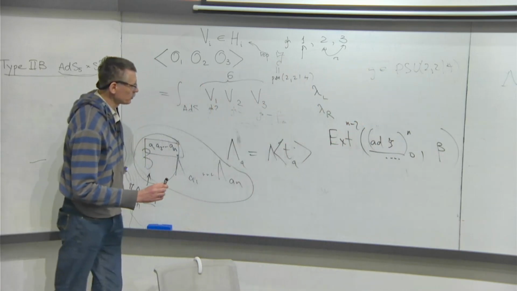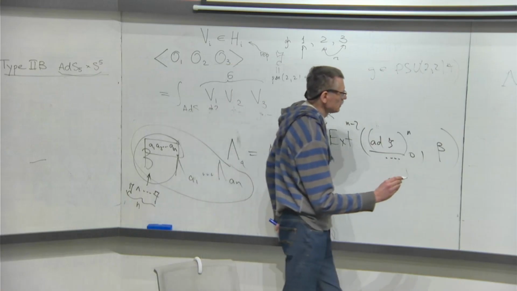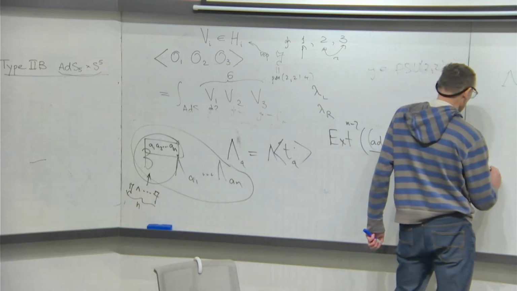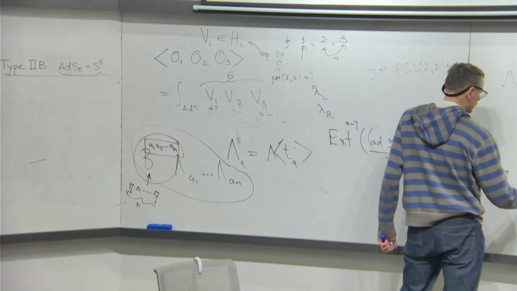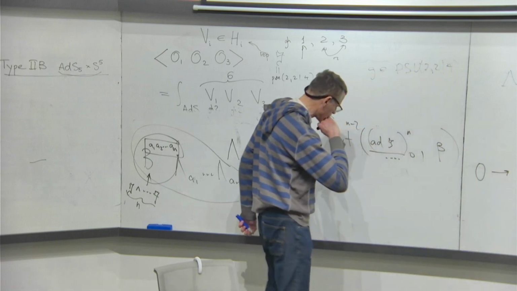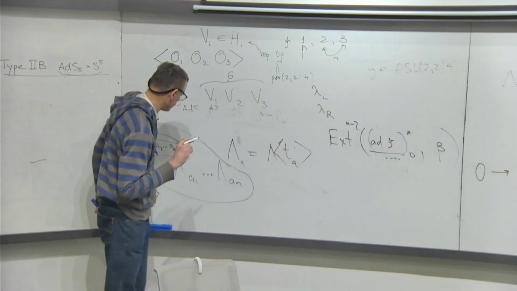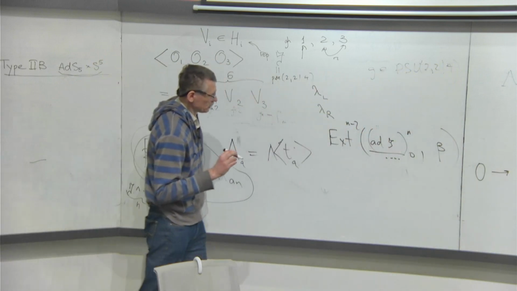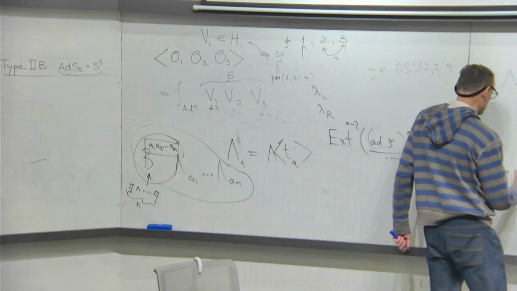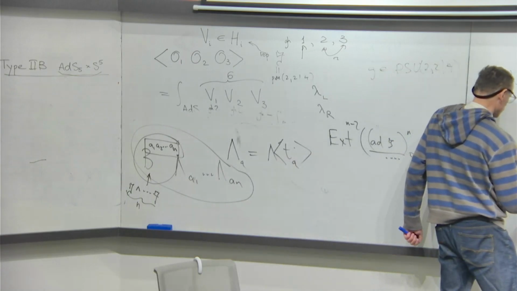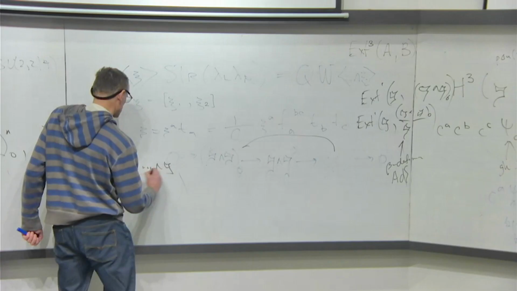So this corresponds to a long exact sequence, which is something like a Koszul complex of G. Very schematically, it's G wedge G modulo something.